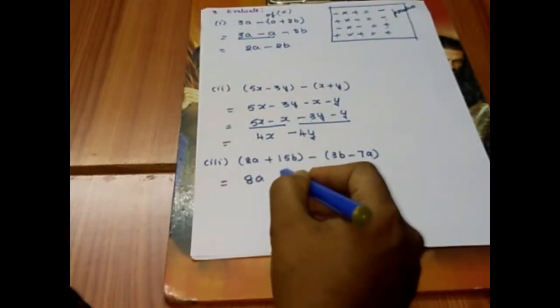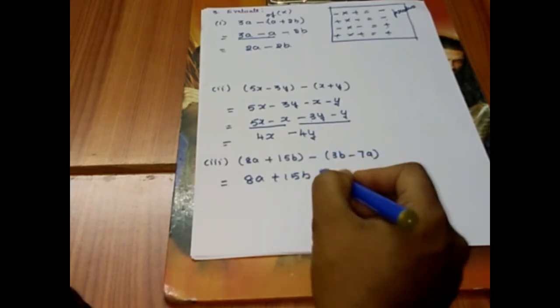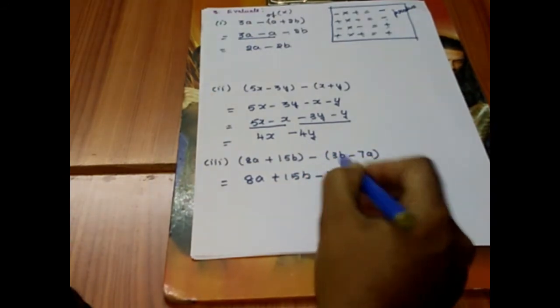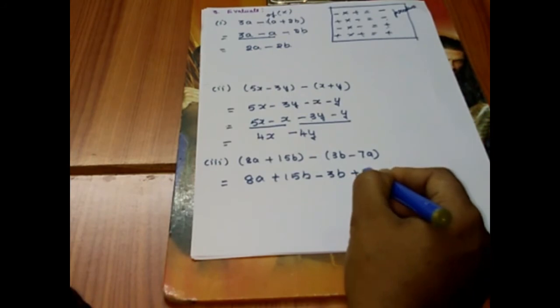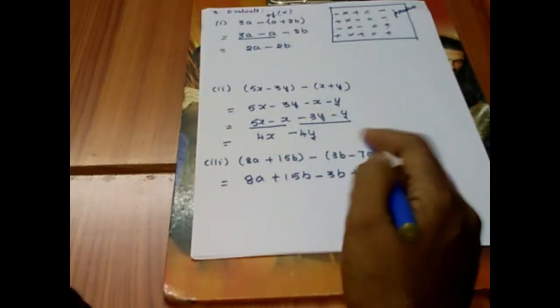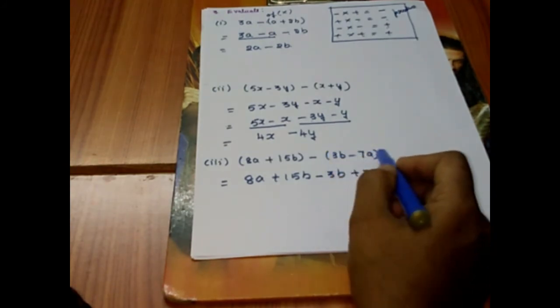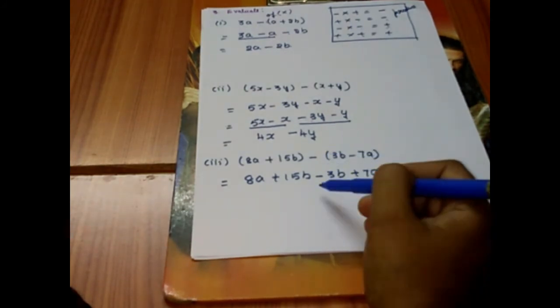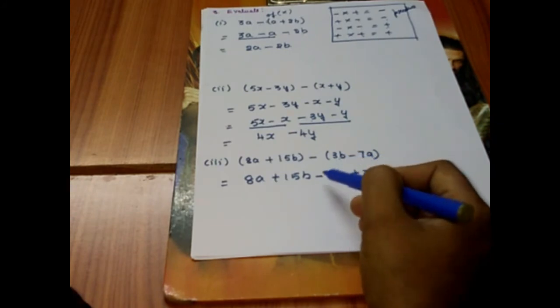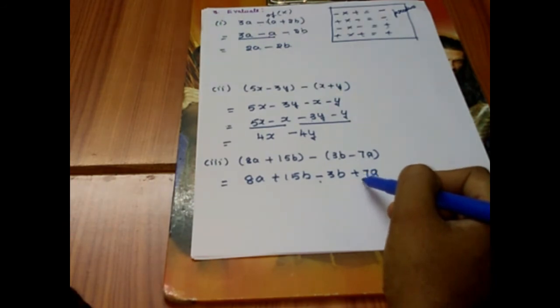8a plus 15b, open the bracket, minus 3b, minus into minus will become plus 7a. Again I am repeating this, children. See, opening the bracket means the values inside the bracket should be written with the opposite sign. Plus 3b will become minus 3b, minus 7a will become plus 7a.